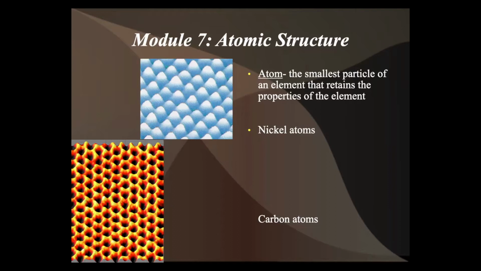What that means is that if you were to take, say, a bar of gold and cut it into two pieces, now you have two blocks, and cut the block again into two pieces, keep on cutting the block smaller and smaller, you get to a point eventually where you're down to one single gold atom. And that would still be gold. But if you were to make that atom fall apart, you would not have gold anymore.